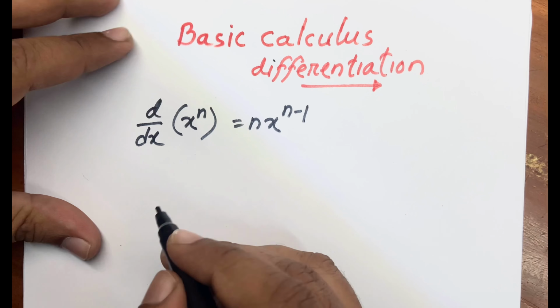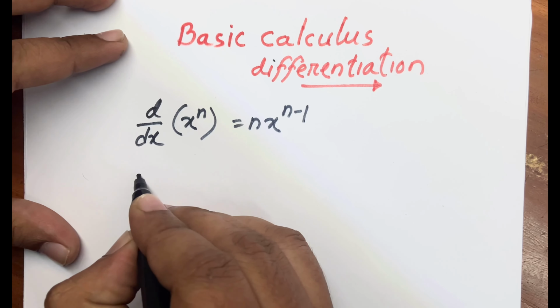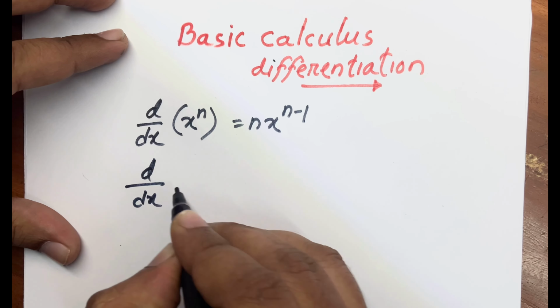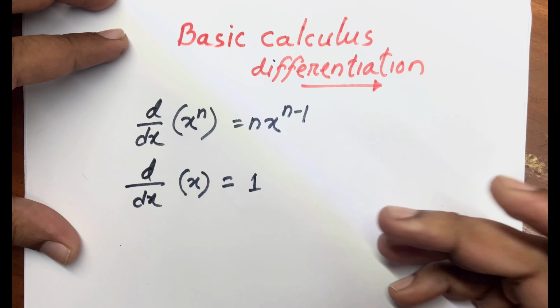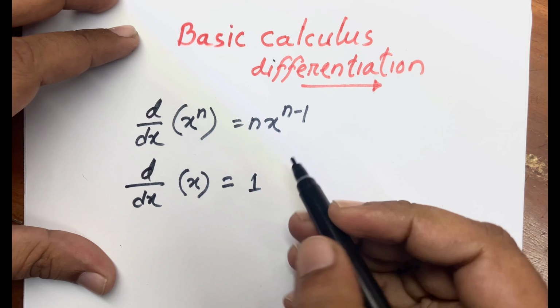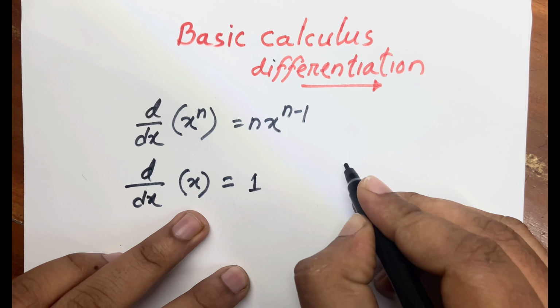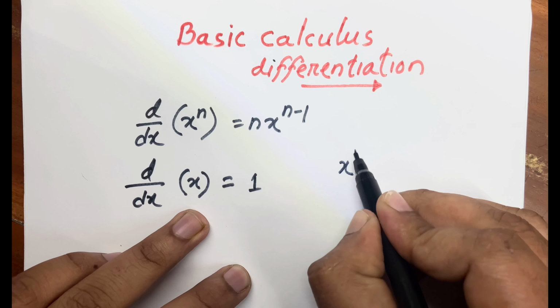Okay, now I can say d/dx of x equals 1. But how? I follow this formula. x has power 1, so n is 1.